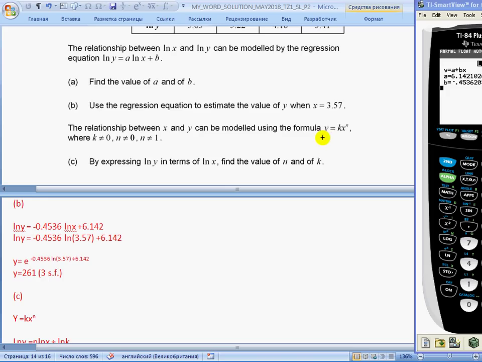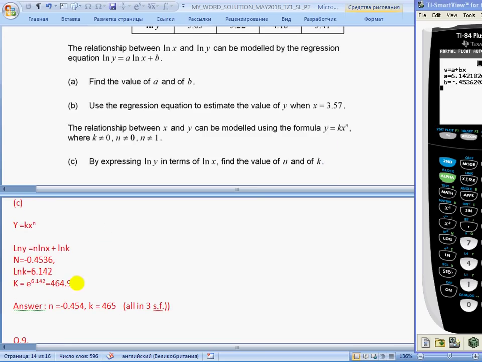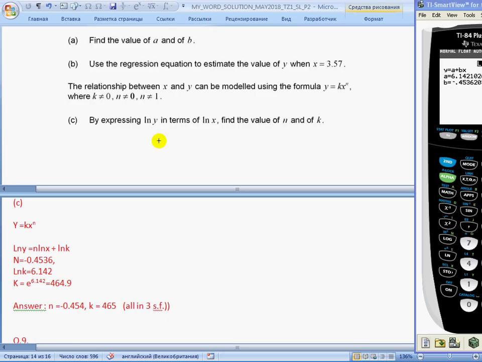So the formula y equals k x to the power n, find n and k. So we copy this formula, take logarithm of both sides, and we realize that a equals n, so we copy this value, and logarithm k equals b. So we again take e to this power and we find k. So these are the answers to three significant figures.